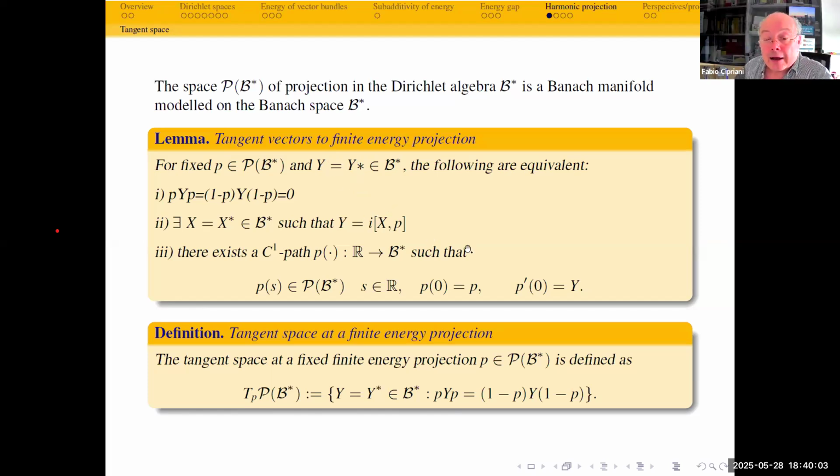These two properties are both separately equivalent to this third one, which explains the name of tangent vectors.